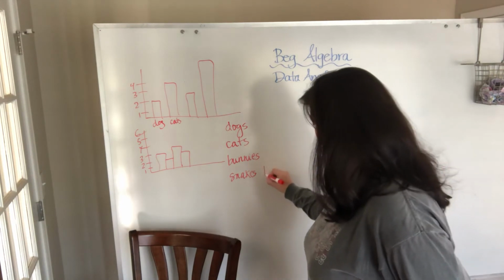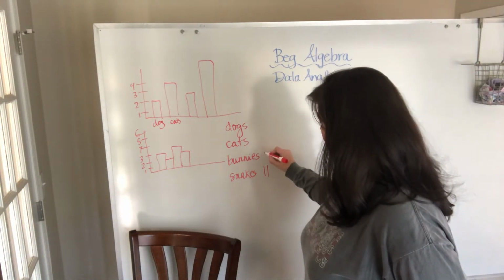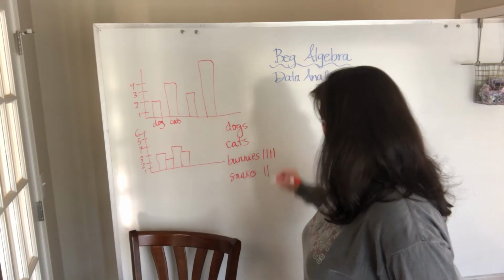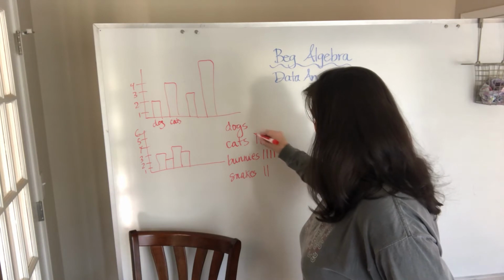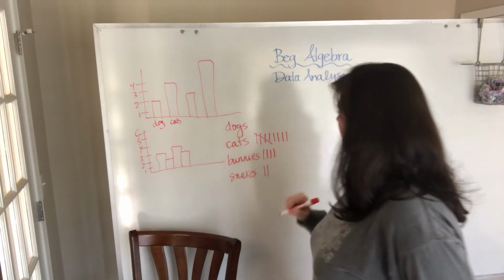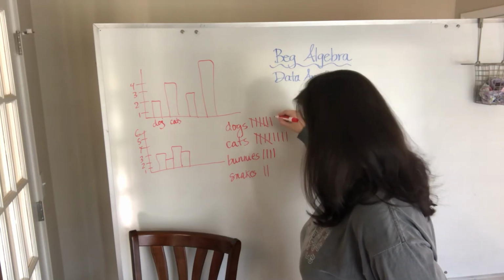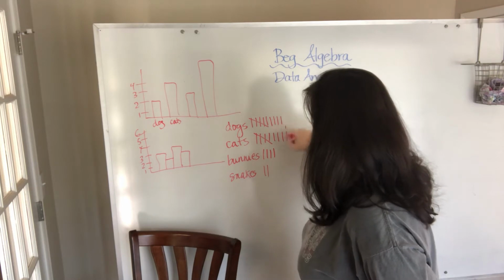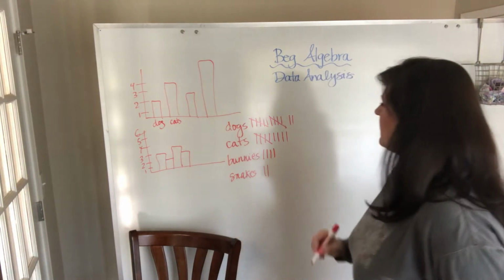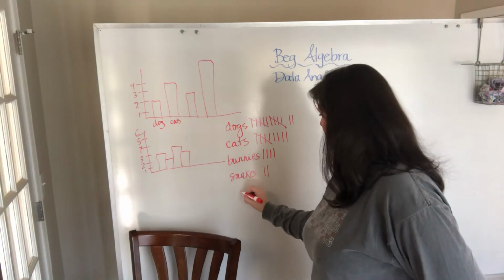So we're going to say, yeah, 2 people are in the snake category. We have 4 people in the bunny category, 9 in the cat category, tallies, okay, and 12 there.